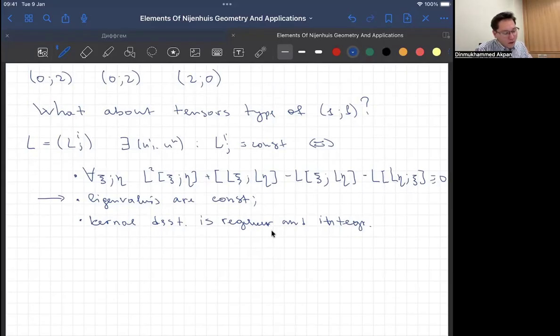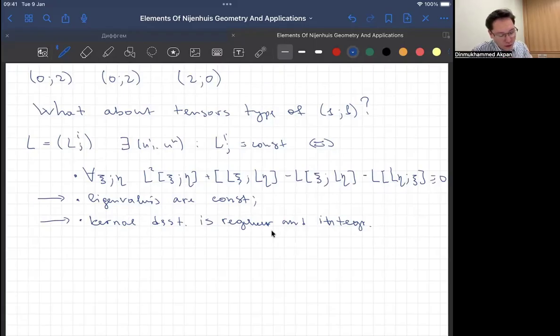The integrability and regularity of the kernel distribution is also a kind of technical condition that we need. It's like Jordan's theorem about normal forms of operators: when we choose the basis, we look at the kernel distribution and choose the basis there.